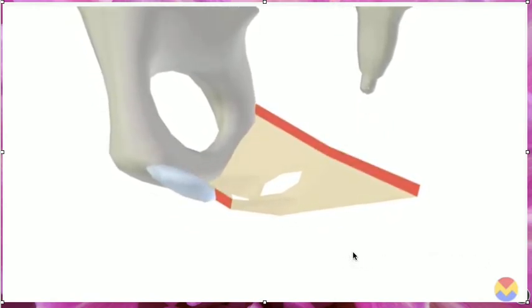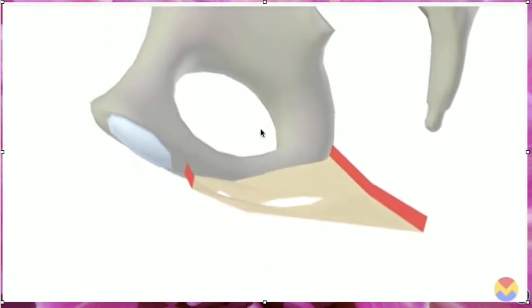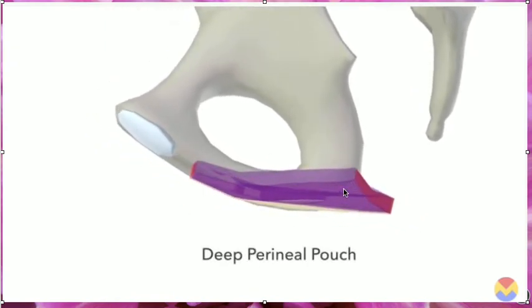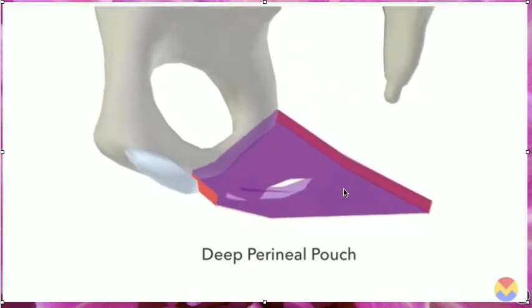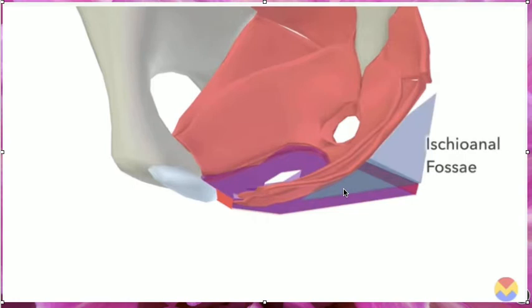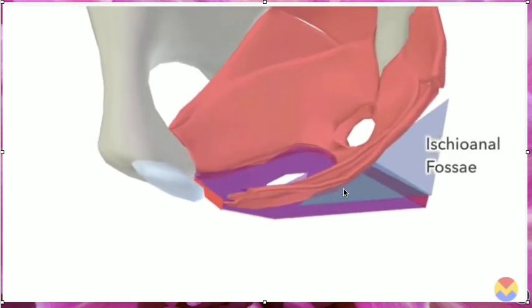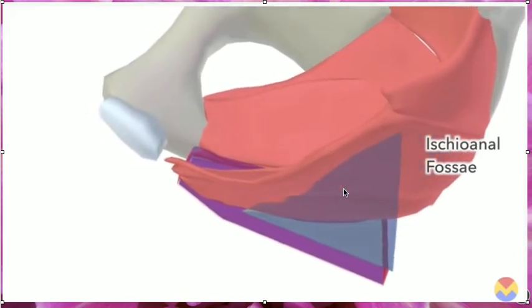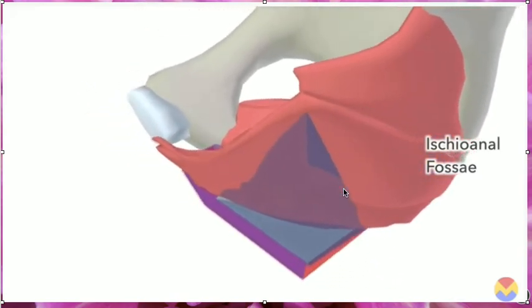So above the perineal membrane, this pouch is the deep perineal pouch, depicted in purple. And below the pelvic diaphragm, on the lateral side, we have the ischioanal fossae on either side.